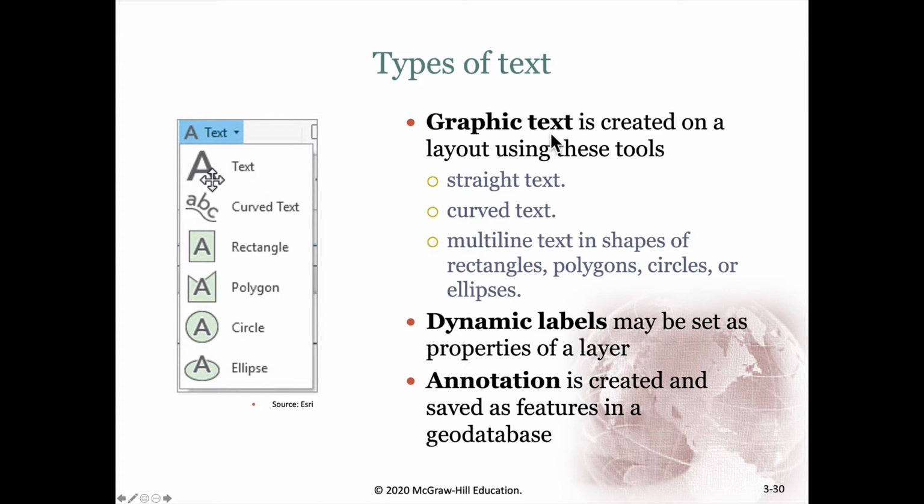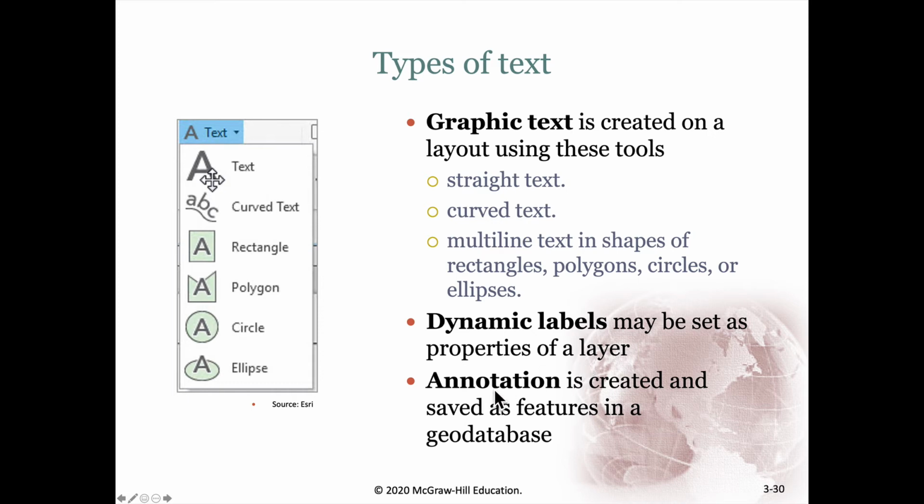This is just like putting a graphic on top of that piece of paper, which is the map layout. You can put that along straight text lines or curved text lines or within shapes, all sorts of different things. But a couple of things to keep in mind: you can also have dynamic labels that come from the information on the map display, and they may be set as the properties of the labels.